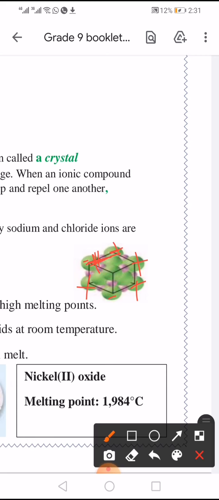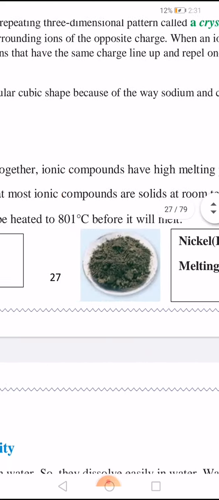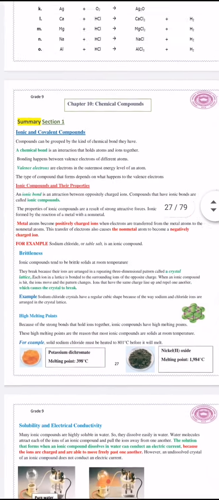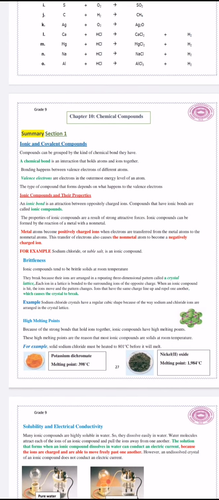For example, this positive repels this positive, so this line becomes positively charged and they repel each other and can break easily. Example: sodium chloride crystals have a regular cubic shape like in this picture, because of the way sodium and chloride ions are arranged in a crystal lattice.